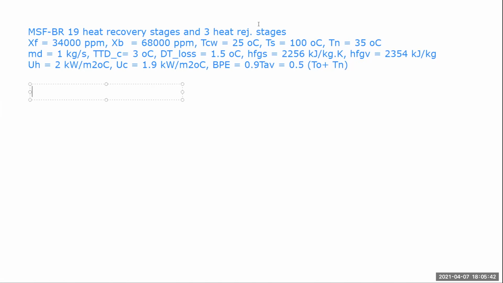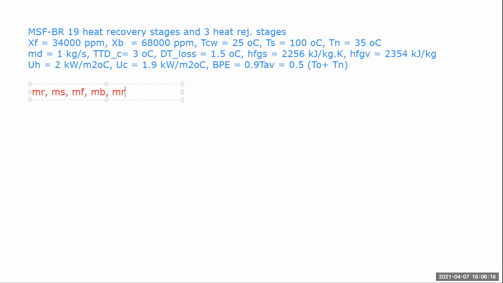example is basically steam flow rate, m dot steam. M dot feed is needed. What else? Let me look at this. M dot rejected brine is needed. MR, recirculated brine, is needed. Actually, the recirculated brine was the first thing needed here in this problem.